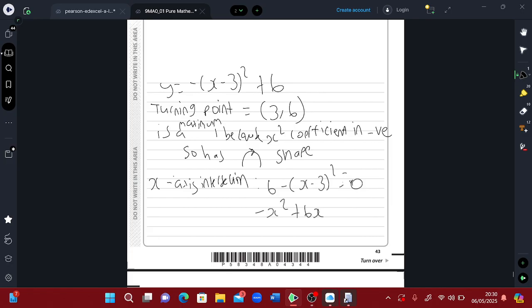Plus 9 minus 9, 6 minus 9 should get you minus 3. And if you then solve it, you could use the calculator: minus x squared plus 6x minus 3. You get these values here, so you get x is 3 plus or minus root 6. Apparently. Did I write that right?